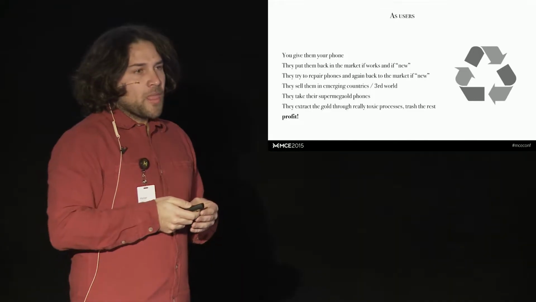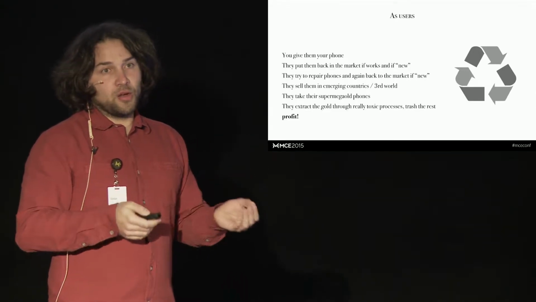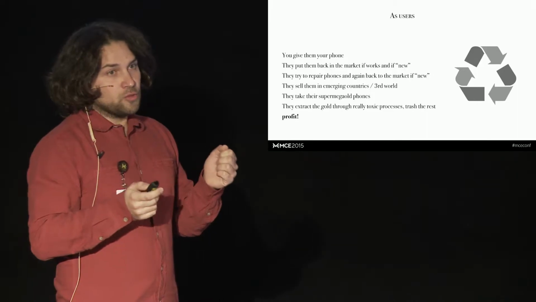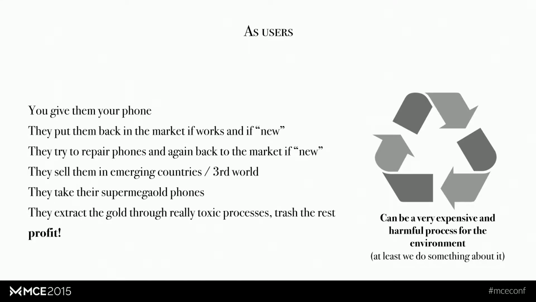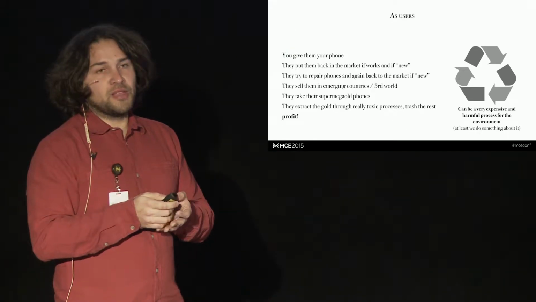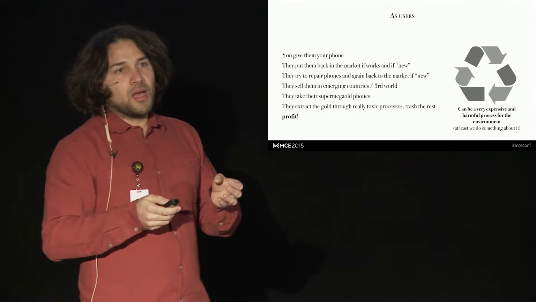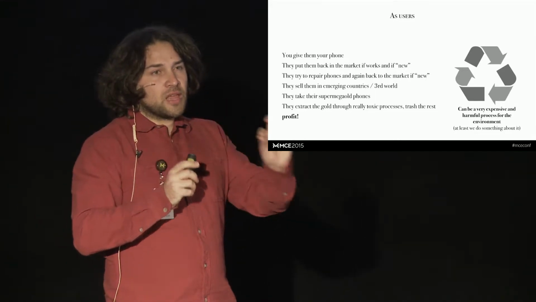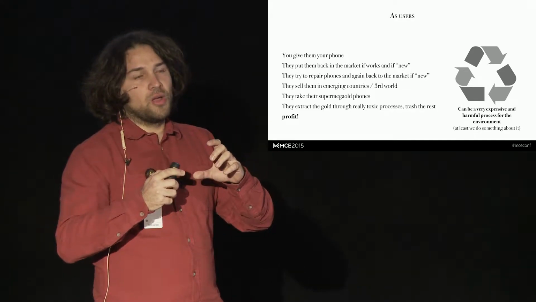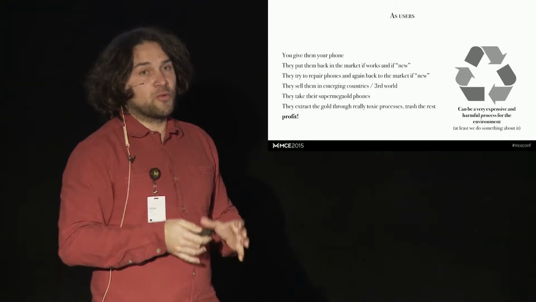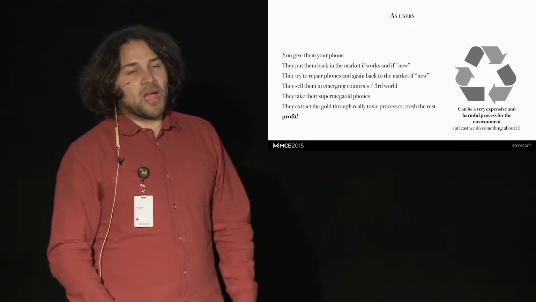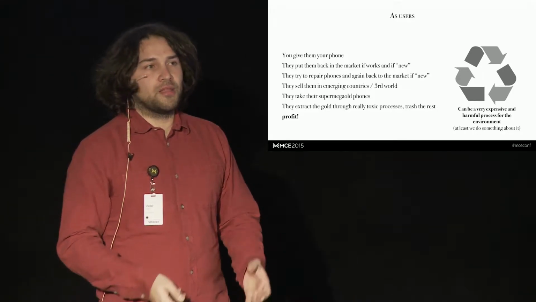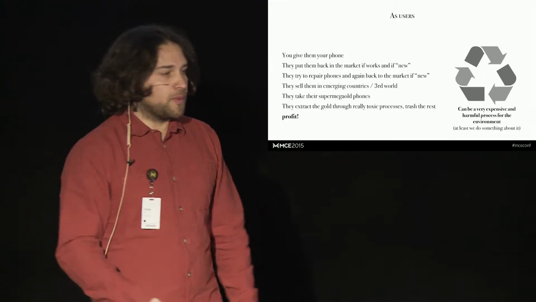I think the most valuable part of a phone is the gold, but if you want to extract it from a phone, you have to use a process that is very harmful for the environment. You have to use a lot of chemicals to extract almost nothing of gold from a really big part, so basically you are polluting the environment in a really big way. But at least recycling is something we are doing. I don't think it's the solution, but I think it's one step in the right direction.